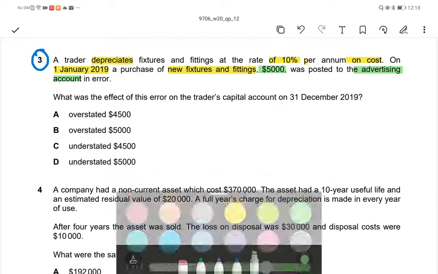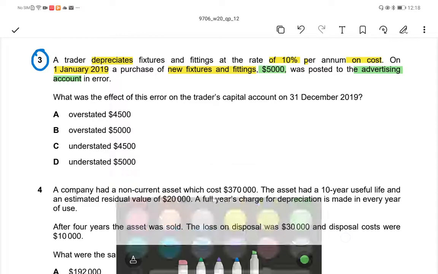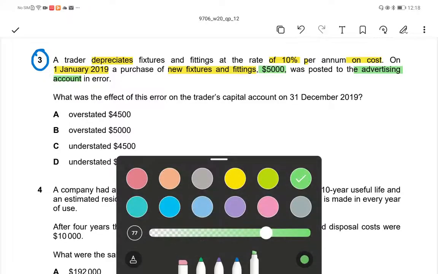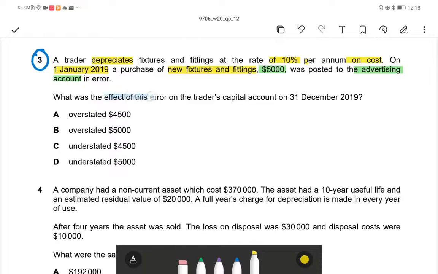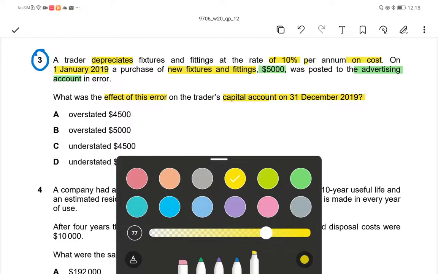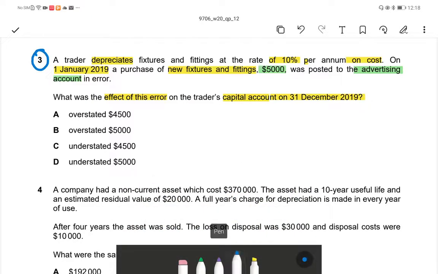The question is, what was the effect of this error on the trader's capital account on 31st December? First we have to calculate the closing capital.